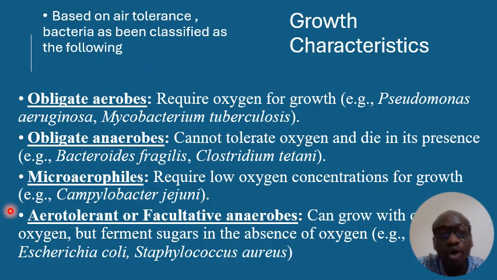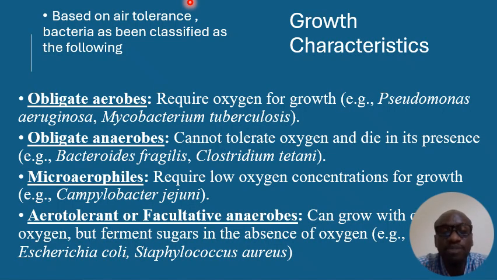So in terms of oxygen requirement, bacteria also grow. I told you in the beginning that we'll still talk about this. We have aerobic bacteria, aerobic organisms that grow with a requirement of oxygen. This is a primary distinguishing characteristic of bacteria, how they respond to oxygen. So aerobic bacteria require oxygen to grow.